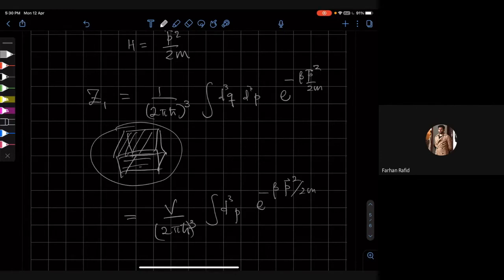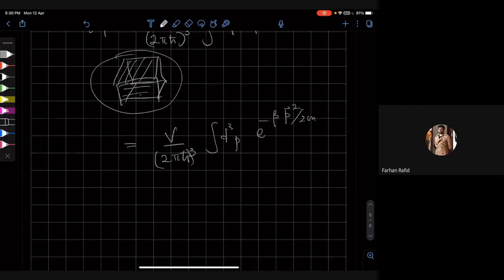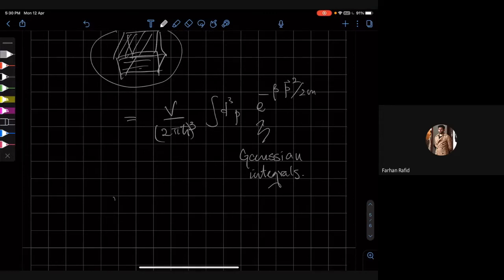Now the next integral is a set of 3 Gaussian integrals, right? Let me remind you, the fundamental Gaussian integral is from minus infinity to plus infinity of e to the power minus a x squared. a is a positive real number, and when you integrate that, it gives you square root of pi over a.